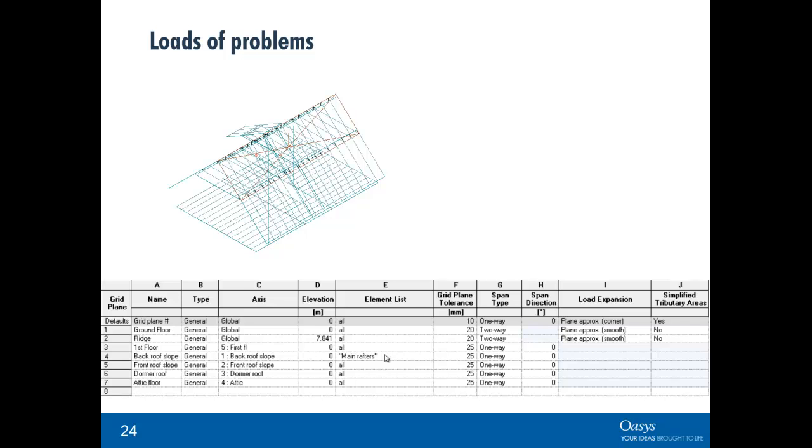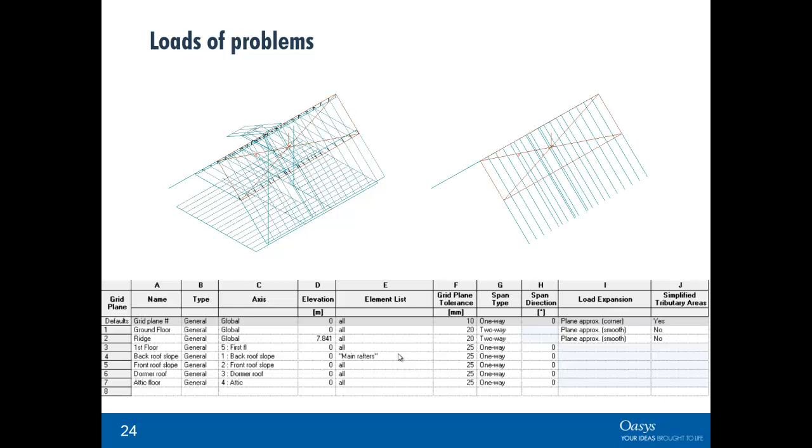But the problem was that the element list excluded the elements parallel to the load span, which meant that no load panels were formed. Because of no load panels, the grid load had nothing to work on, and so we got no results out. Changed that element list to include the horizontal members, and everything worked fine.